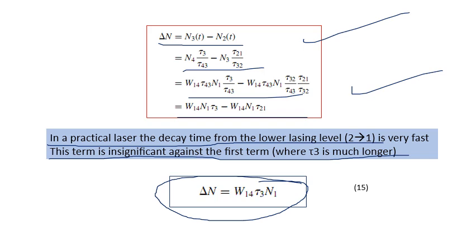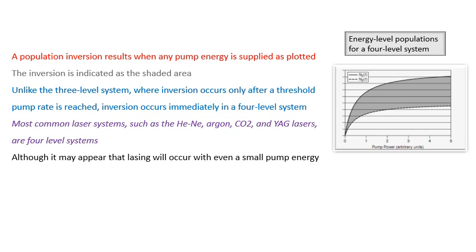What it's saying is, as compared to tau 3 to 1, it is very fast. So it's ignored here, and this equation will be like this. And when you expand these equations by your own hands, you will understand these things more.